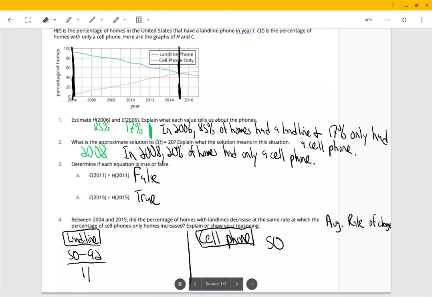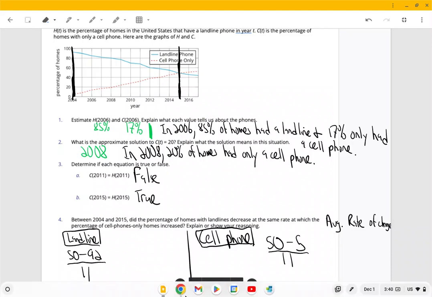So I'm going to estimate about 5% there. So between 2004 and 2015, the percentage of cell phone only looks like it went up from about 5% to about 50%. So again, we're going to subtract those and divide by 11 since that's 11 years. So let's go ahead and calculate this.